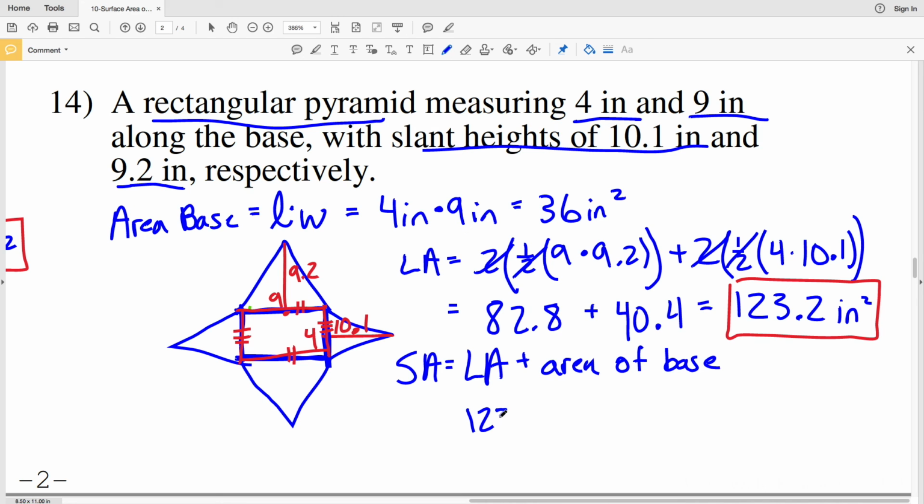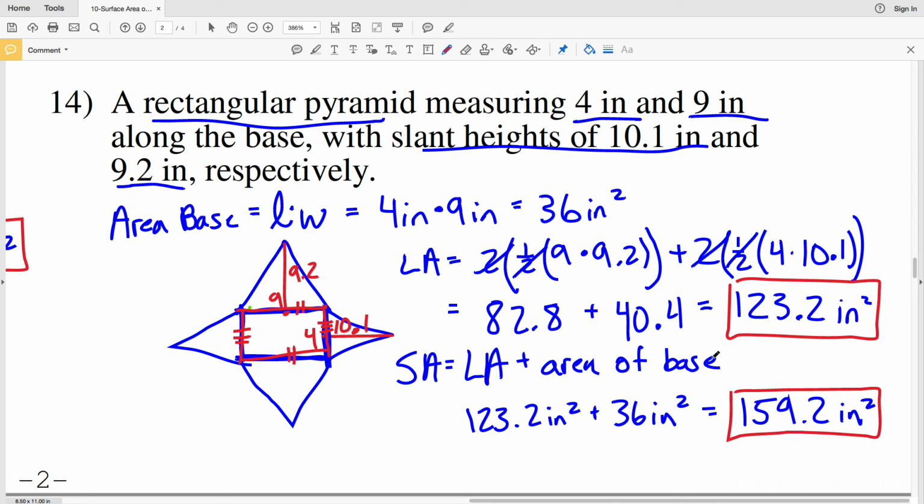So that's our 123.2 inches squared plus the area of the base, which we calculated as 36 inches squared in the very beginning. Adding those together, you will get 159.2 inches squared for the entire surface area in number 14.